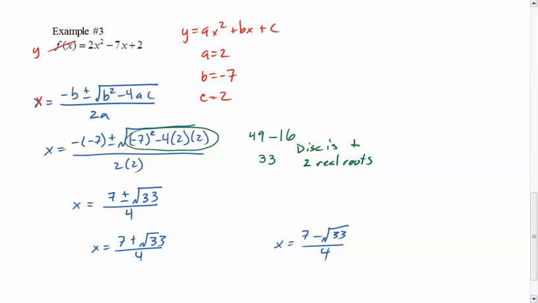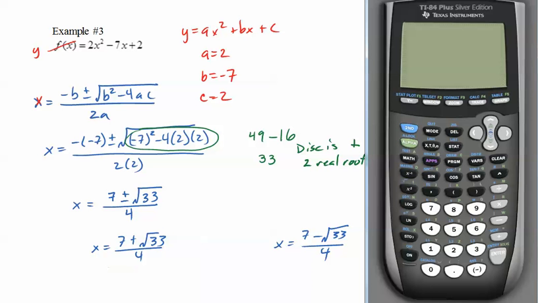If it's on a non-calculator section, you can just leave it like that. If you've got your calculator, you may as well pull it up, and we'll go 7 plus the square root. Oh, nope, square root, please. Go back. Delete. Okay, sorry, this is not my happy day. So there we go. Square root of 33.